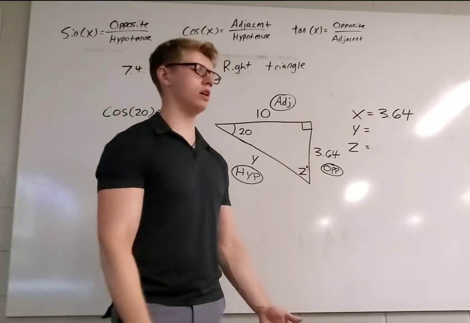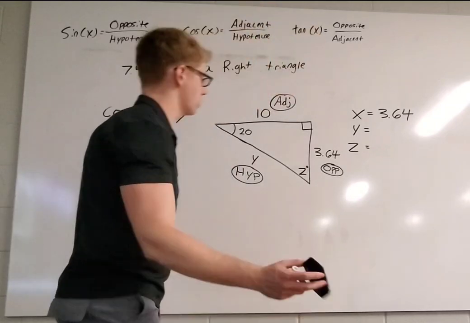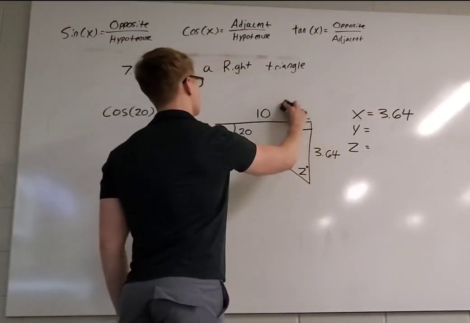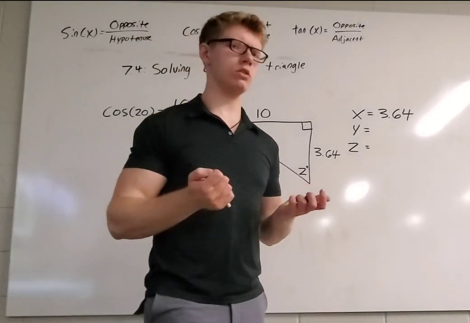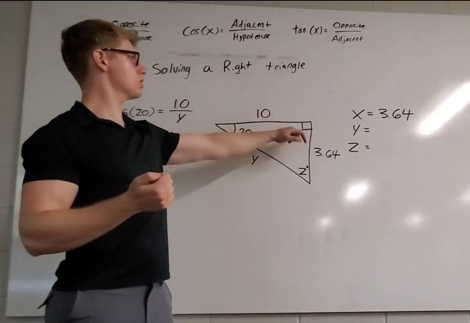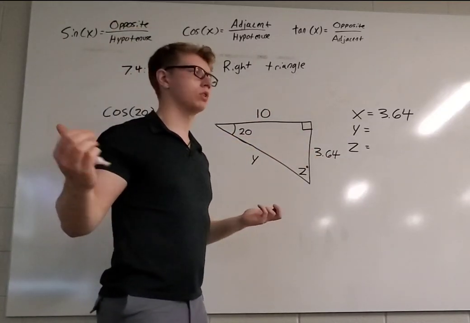Or you could say, well, now we have, and I'm going to erase the labels on here just to give us a little bit of breathing room, two sides of a right triangle. And we've been doing this since much earlier in the semester. We can just use the Pythagorean theorem to find that third side. It's a right triangle, right?